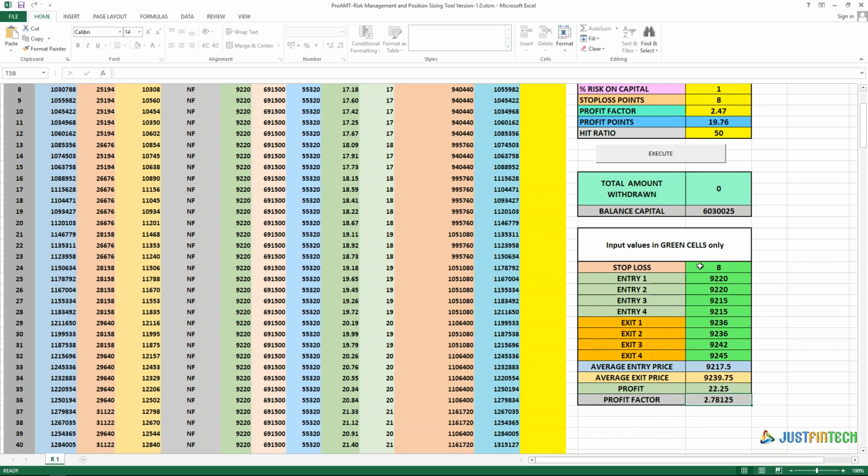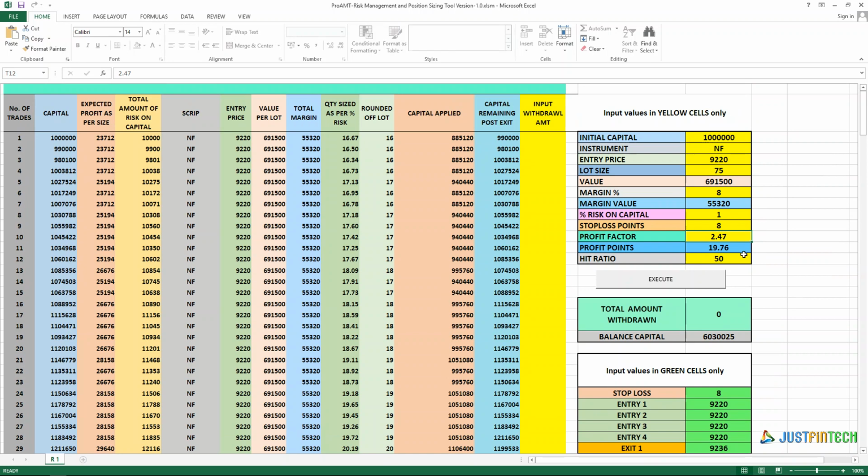So we'll go through what I generally do. So this is 9220 and 9220. So my average is 2.47, and let's consider that I will be right only 40% of the times.